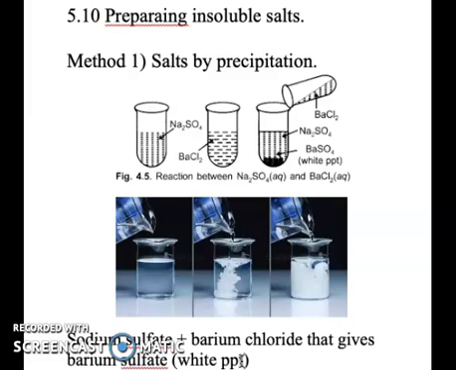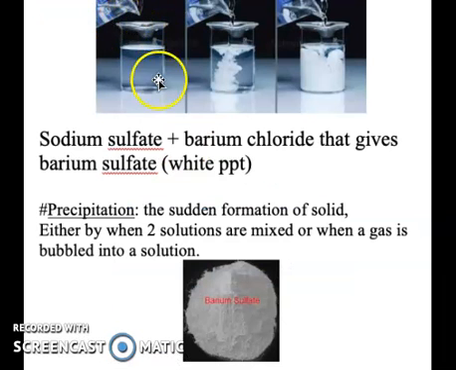Let us see what exactly is the definition of precipitation, and we will also see how this white PPT is formed when two liquids are mixed together. Now see, students, when two solutions were mixed, there was the formation of a white solid which was not soluble in the liquid, so it gave you the white PPT of barium sulfate.